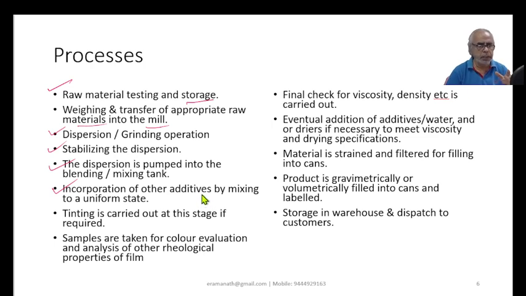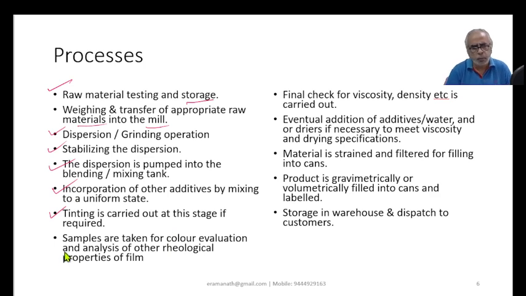If there is any bubble or foaming, we need to use anti-foaming agents. Likewise, we have special chemicals which serve the purpose of particular parameters of the paint. Now, tinting is nothing but attaining the required color by using stainers or tinting agents.